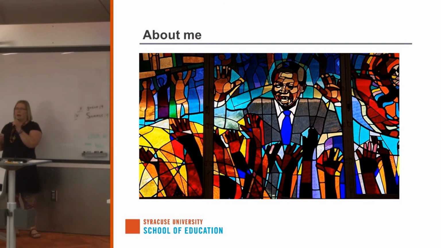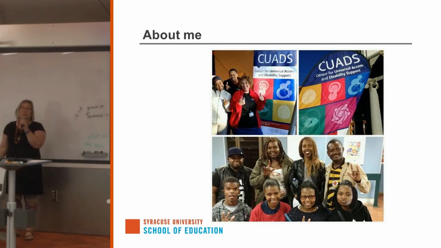So when I think about universal design for learning, I do not just think about disability. Although disability is my passion, it is my love, and it's something that I identify very strongly with, specifically students with disabilities. I was the director of an ODS, an Office for Disability Services in South Africa, for 8 years before I came here.